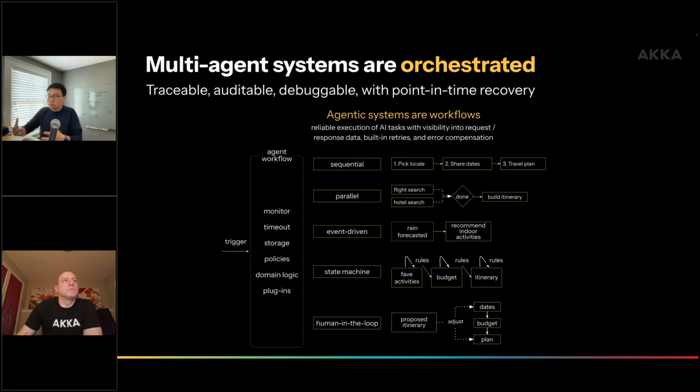So you need a durable execution workflow that also is traceable and auditable and debuggable, all these different things, because you have a complex distributed system that you're orchestrating where all these agents are interacting together, and you need to make sure that it always finishes, and you can also debug situations where you're having a problem.